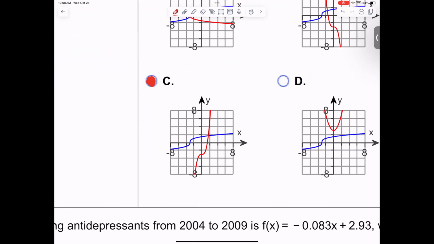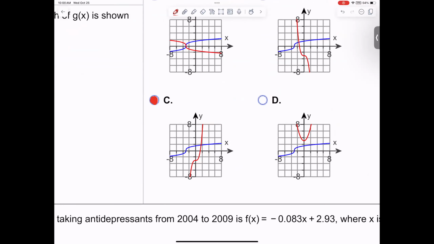There are a couple of different ways you can determine for sure that it has to be C. Now, I don't know on your test if it's A, B, C, or D. But in this case, the reason I know it's C is because of what it does.